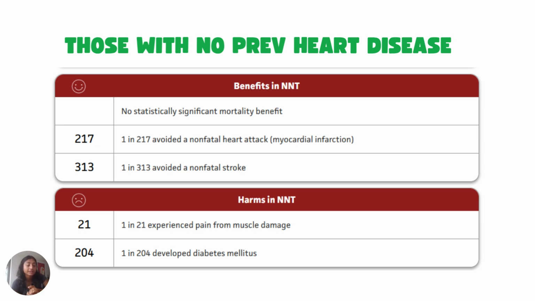So for statins, for someone who's never had a heart attack, I have to give this drug to 313 people to avoid a stroke, and I have to give this drug to 217 people in order to avoid a heart attack. So basically, the drug is pretty much useless on a patient to patient level, and 1 in 20 people are harmed from muscle damage, and 1 in 200 develop diabetes.